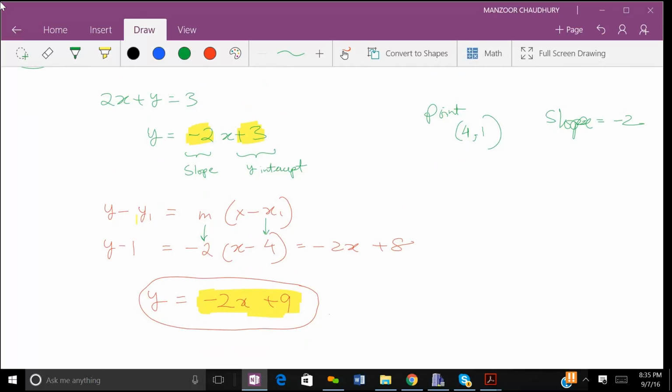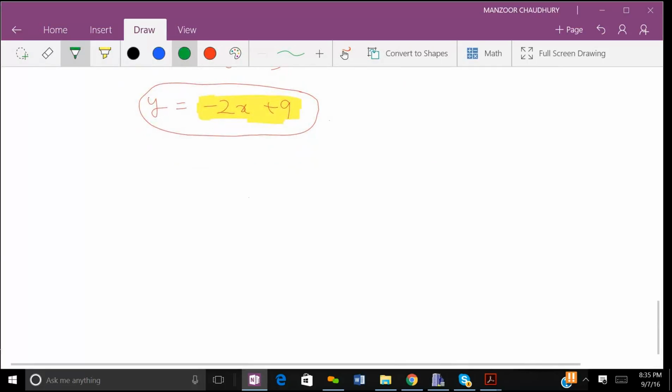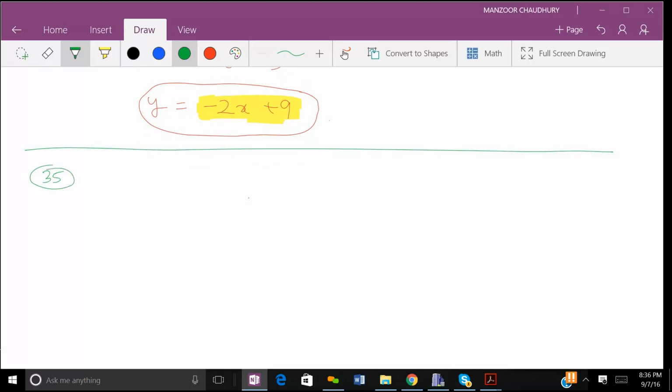Okay, so you do it like this. So the formula is y equals mx plus b. So we see that x plus y equals 4. So I'm going to take the x to the other side because my goal is to write it in terms of y.